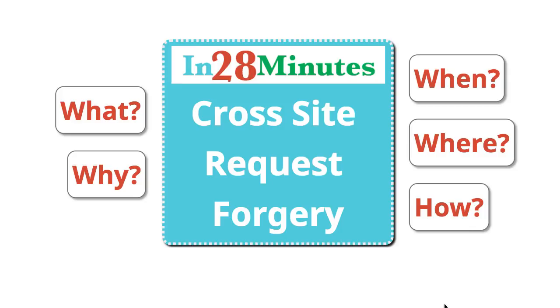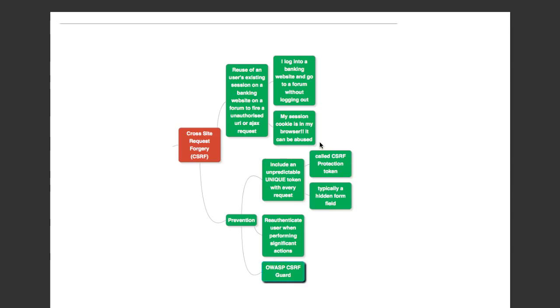Now, let's look at another security flaw called cross-site request forgery. What does that mean? Let's say I have already logged in to my banking website, and from there I am going to a forum. What would happen if the forum uses this session that I already have to fire an AJAX request or send a request to an unauthorized URL?